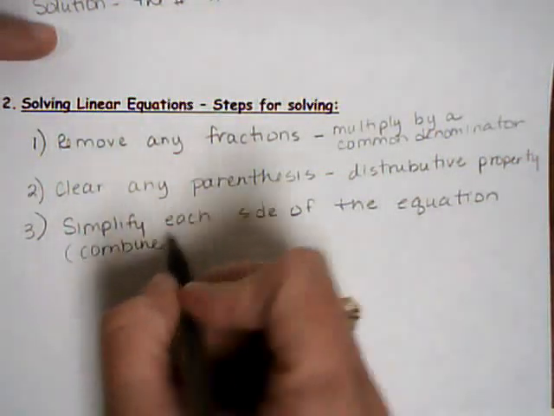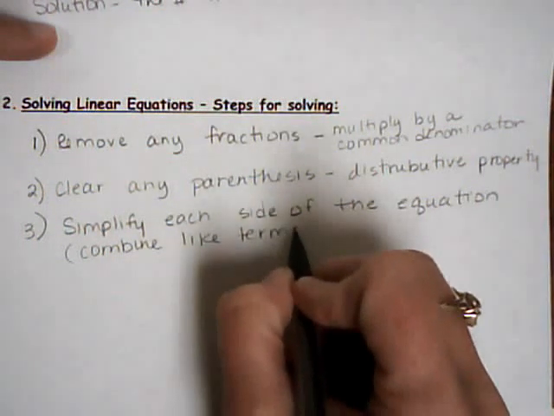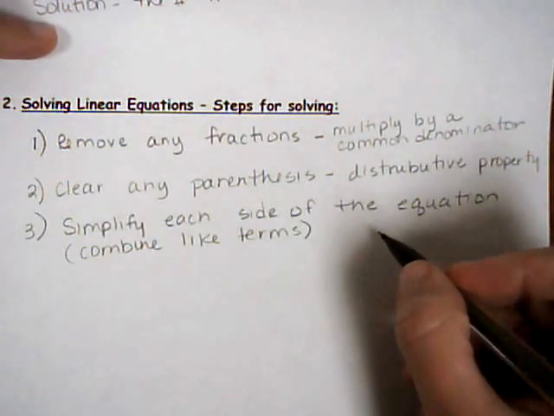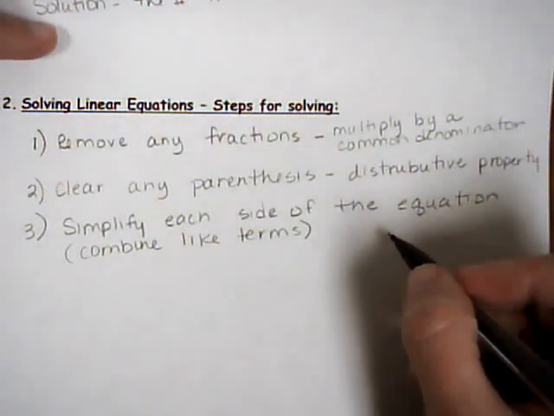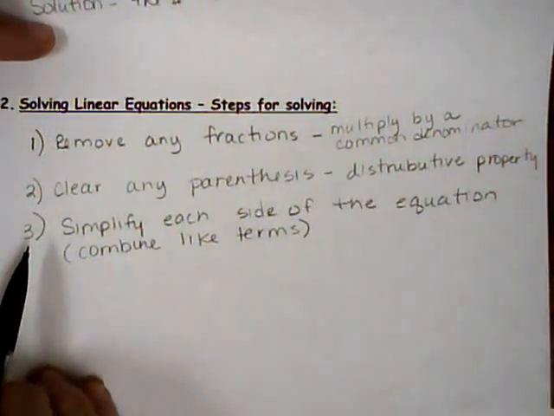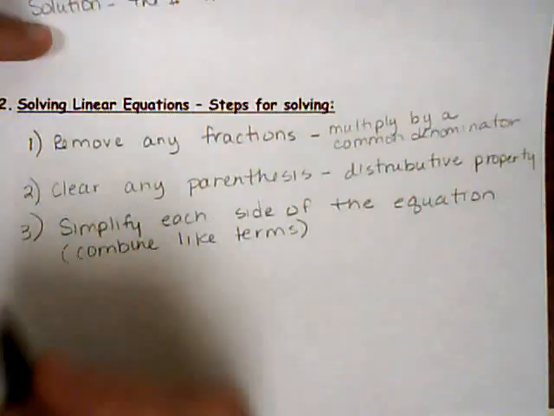So I'm just going to put combine like terms. And that's if they're on the same side of the equal sign. Okay, so these 3 steps really are going to be kind of specific to the problem. You may not have to do these every time.